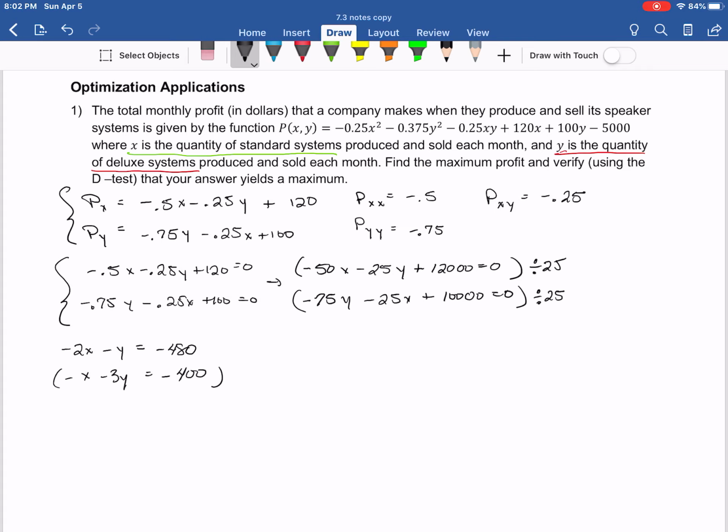And so you could use substitution again, or you could use the addition, otherwise known as the elimination method, which is the way I'm going to choose to solve this right now. So I'm going to multiply through the bottom equation by -2. What that's going to do is give me a positive 2x in that first location.